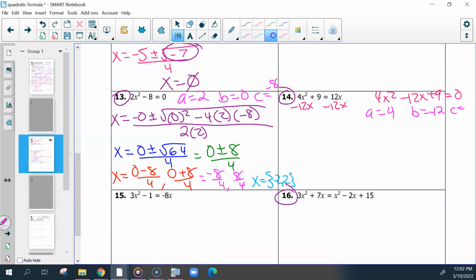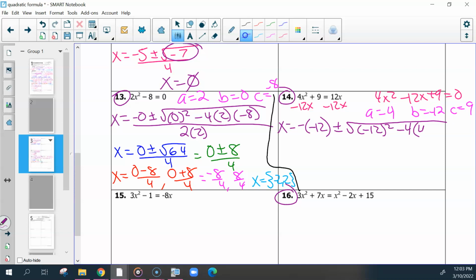And C is 9. Okay, so start putting that into your formula. X equals negative B plus or minus the square root of B squared minus 4 times A times C all over 2 times A.